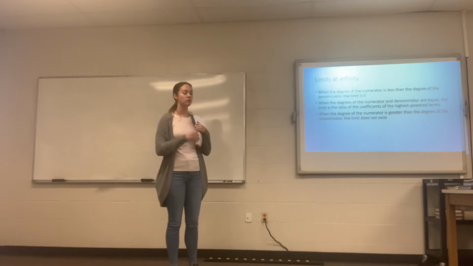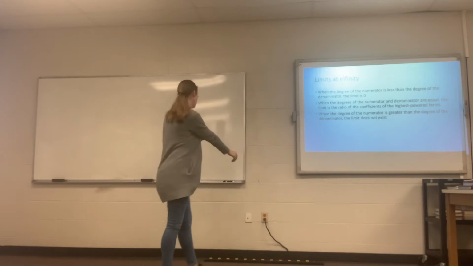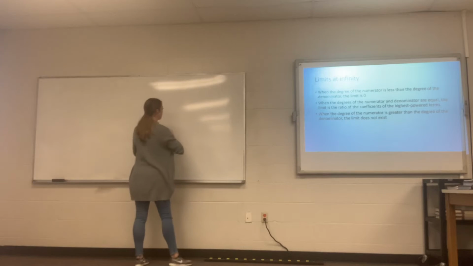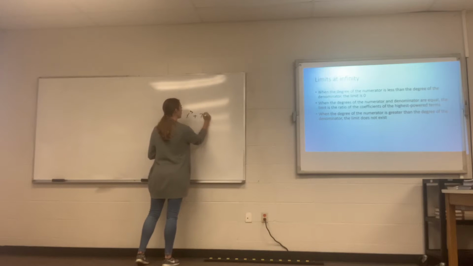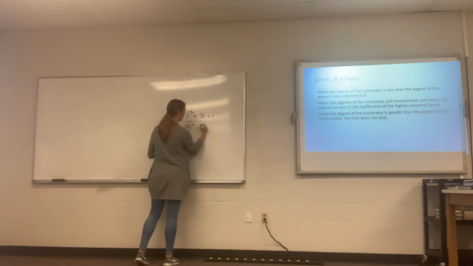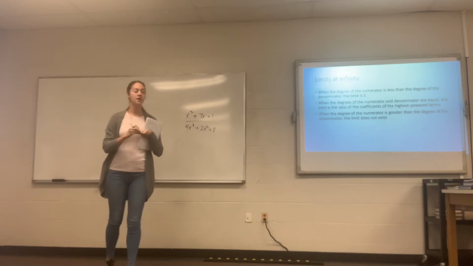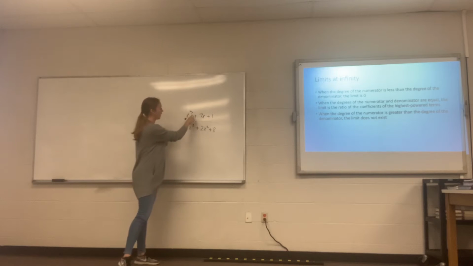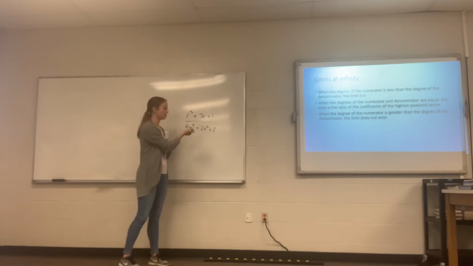So for that one, if they're both something to the third, they're both cubes, in your numerator and in your denominator, say I have x to the third plus 7x plus 1 over 4x to the third plus 2x squared plus 8. Something like that. It doesn't matter what the equation is. What you're doing is comparing the highest degree in your numerator and the highest degree in your denominator.